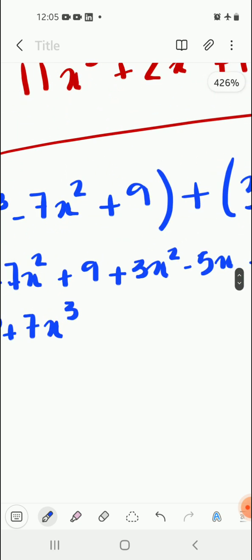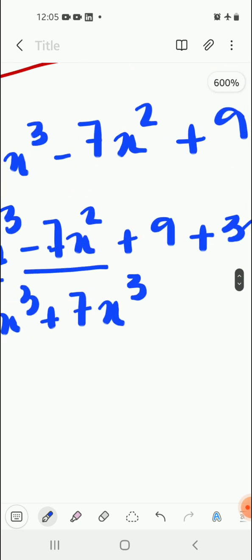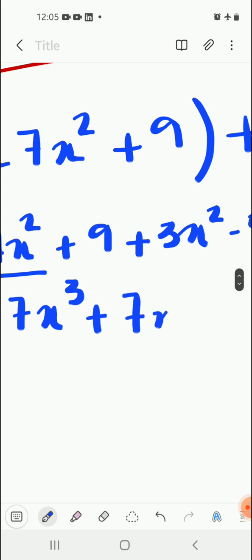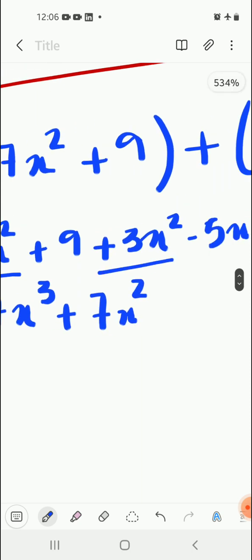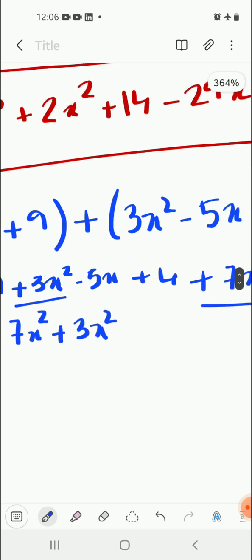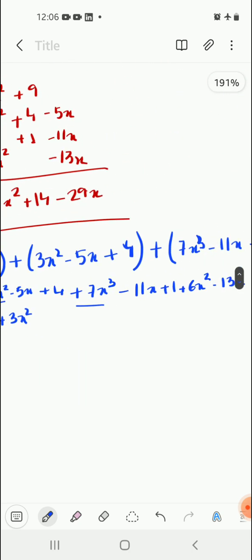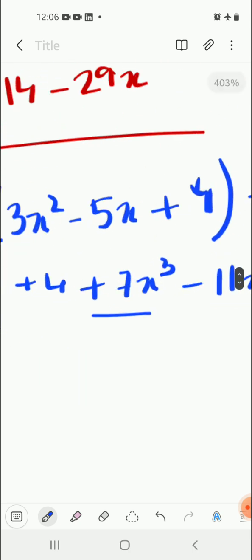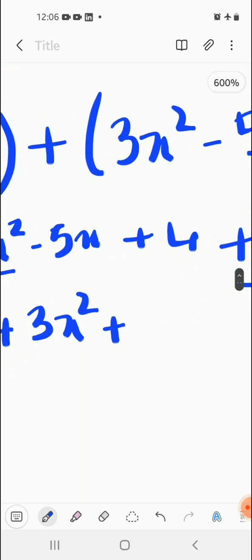So we'll move to the next one, that is minus 7x squared. After this, we have got another x squared, that is plus 3x squared. Place it just after this. Again, we have got another x squared, that is plus 6x squared. Remember that we have to write the terms with the respective signs as well.